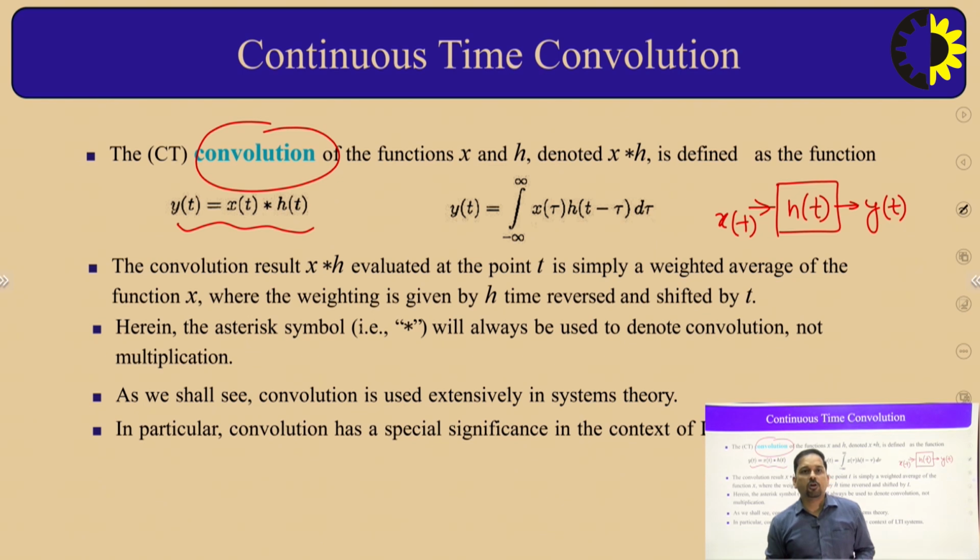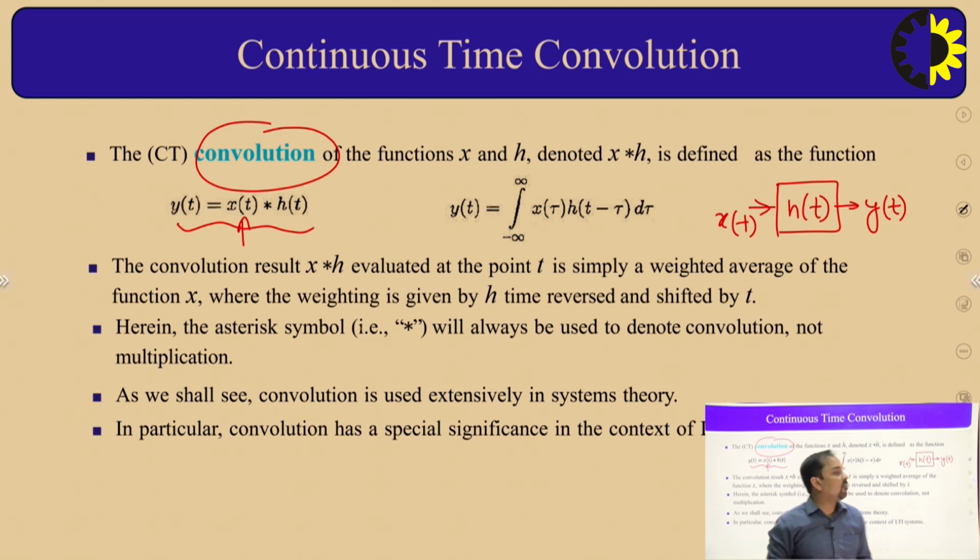This asterisk sign is nothing but a symbolic representation of convolution. First of all, we need a definition of impulse response. What is the impulse response? When the input signal x(t) is an impulse signal, the output of the system is called the impulse response. Later on we will see the definition of step response.